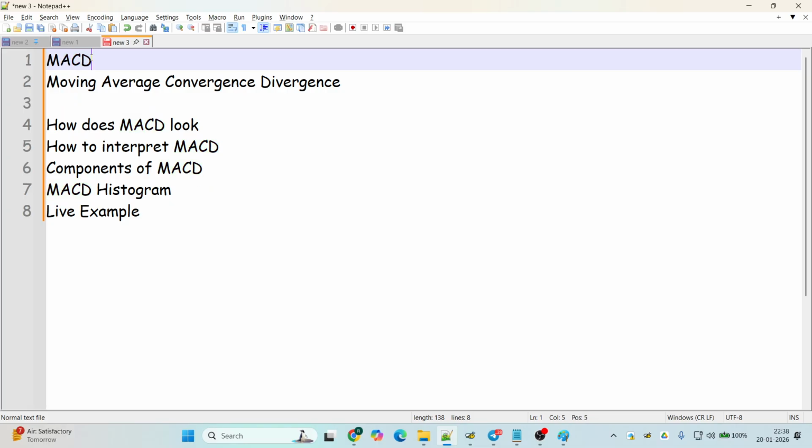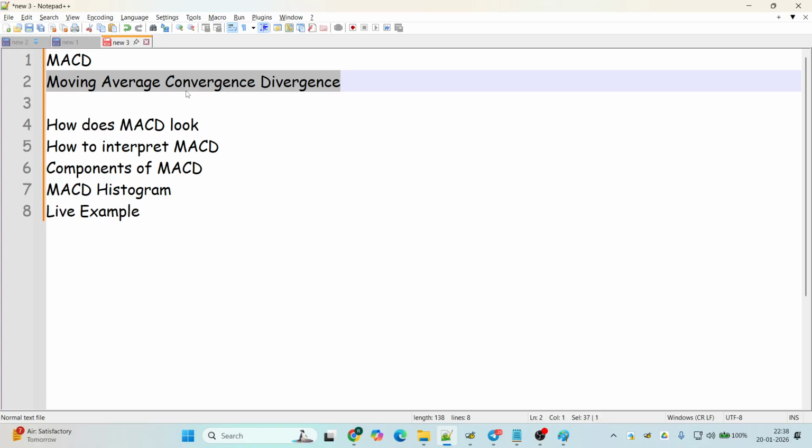So what is MACD? The abbreviation is moving average, convergence, and divergence. Moving average, I think you learned it in the first indicator section, which is the simple moving average and exponential moving average.